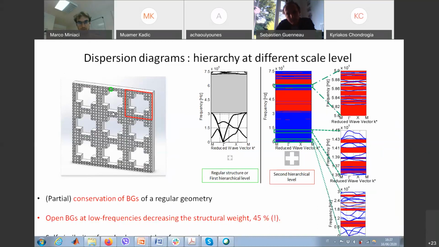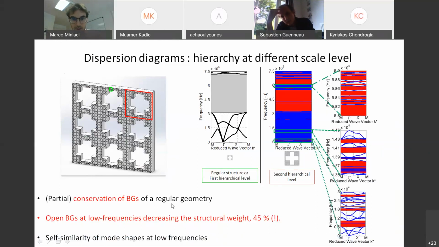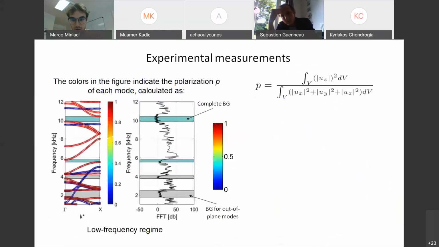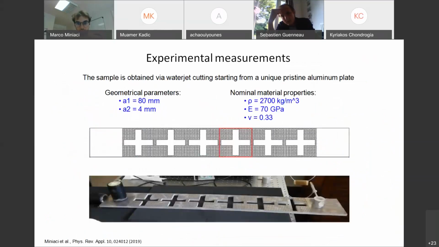The experimental part, Marco, when you take just one line of big crosses and tiny crosses for the experiments with the transducer, launching all types of elastic waves. This one. Yes.